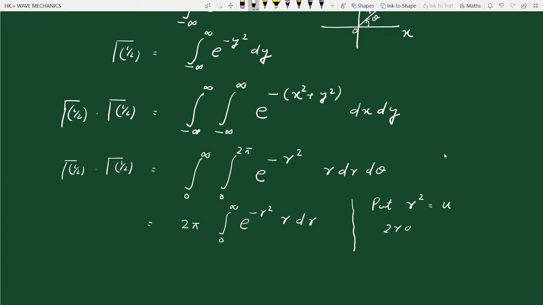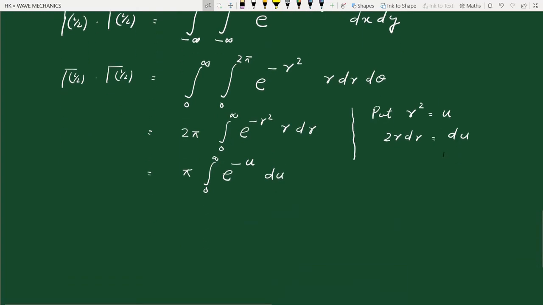Then taking differentials on both sides, 2r dr is equal to du. Now you can borrow a 2 from here. To r dr we can add the 2 from the outside. So this you can rewrite as pi into integral 0 to infinity e raised to minus u, and 2r dr becomes simply du.